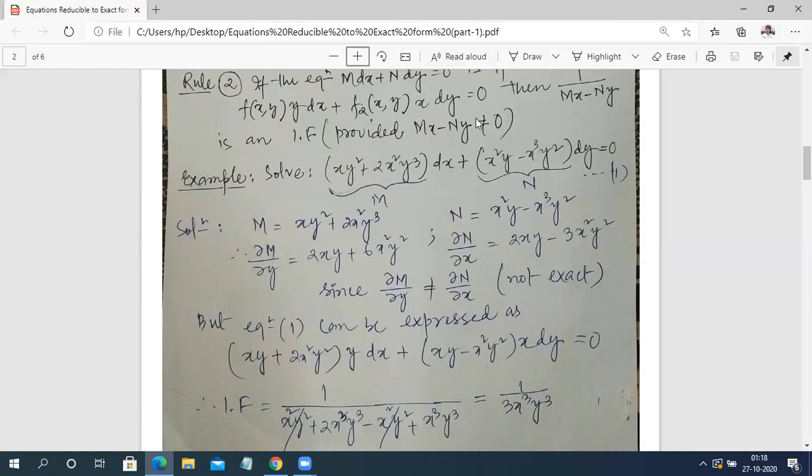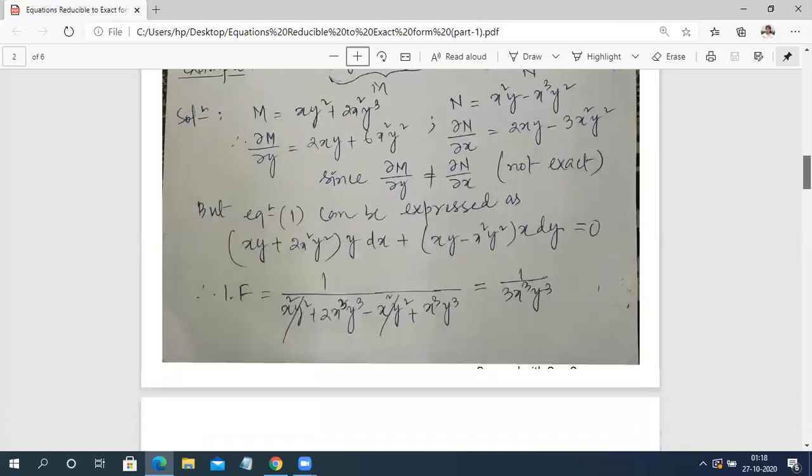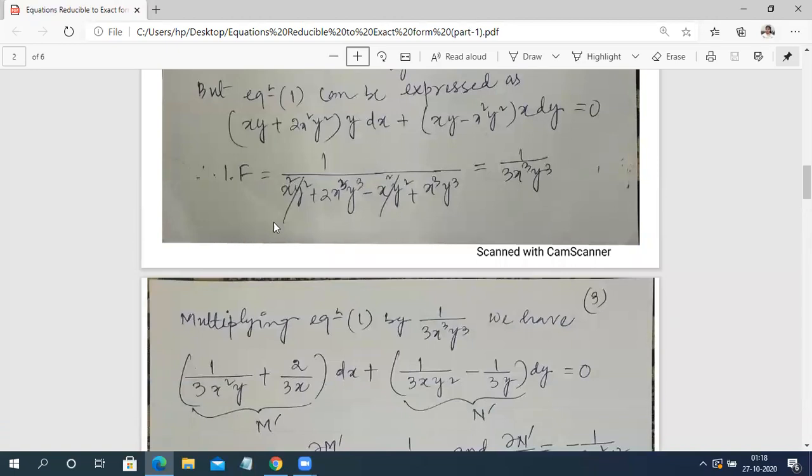So according to the second rule, what will be the integrating factor? The integrating factor will be 1 upon (m into x minus n into y). So write mx minus ny, and it will be the integrating factor.